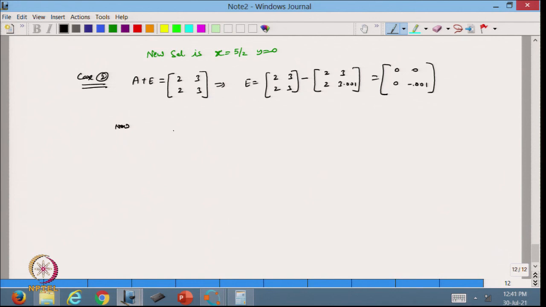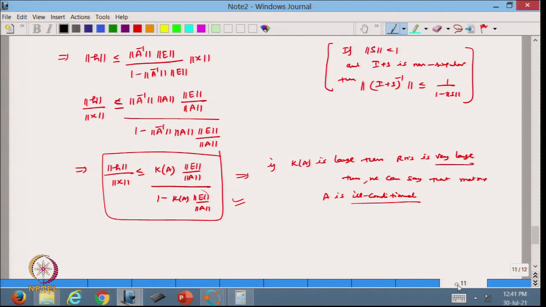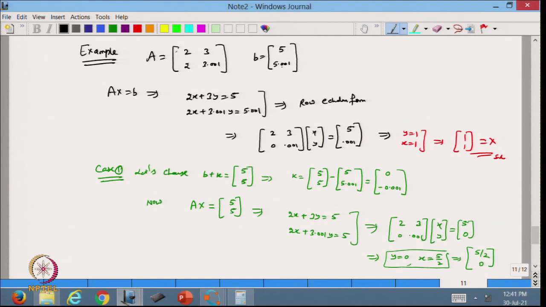Now, I want to see what is going to happen in the solution. Let us see. Now, it is 2x plus 3y is equal to 5 on the right hand side, and 2x plus 3y is 5.001, because this is my B, the 5.001.